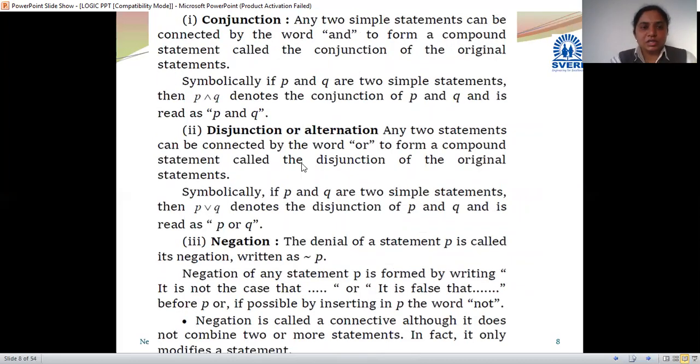Conjunction: if two sentences or words are connected by "and" in between, then it is a conjunction and is denoted by this notation.